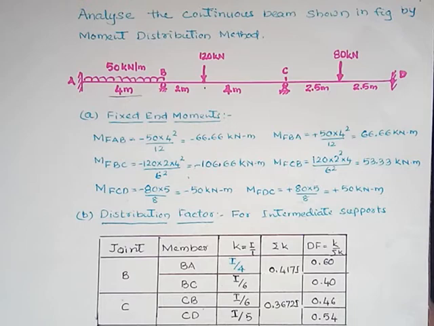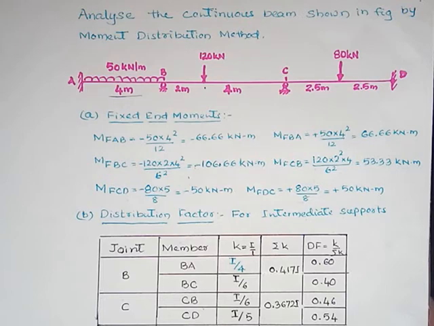Instead of 0, there is a difference of minus 40. This minus 40 is distributed among the two members such that joint B is in equilibrium. You have to distribute minus 40 and make it 0; that is balance.